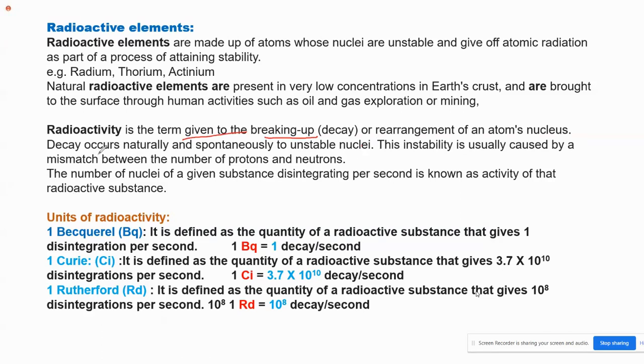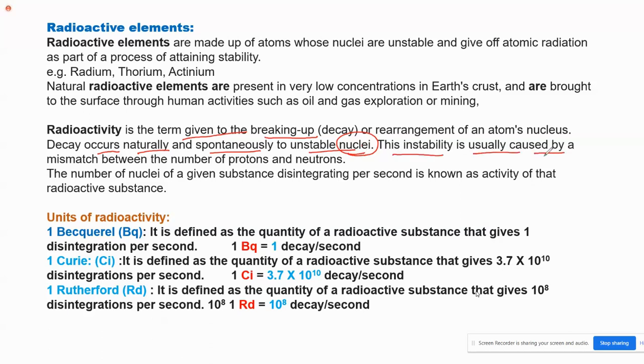Decay occurs naturally and spontaneously in unstable nuclei. As we are discussing nuclei, we are using the word nucleus instead of element. Broadly speaking, we are discussing radioactive elements only. But as we are studying nuclear theory, we use the words unstable nuclei instead of unstable elements or radioactive elements. Okay.